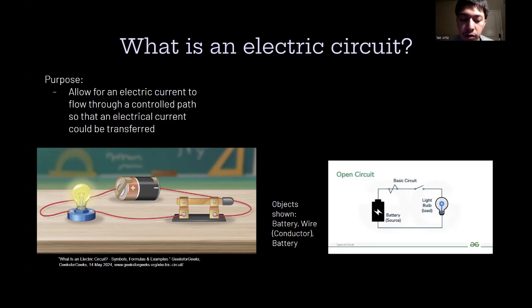Not cheap in quality, but cheap in price, meaning it's more affordable. So say you want to do a project and you need to build an electric circuit, copper is really good because it's flexible, it's durable, and it's affordable, and it'll save you lots of money.